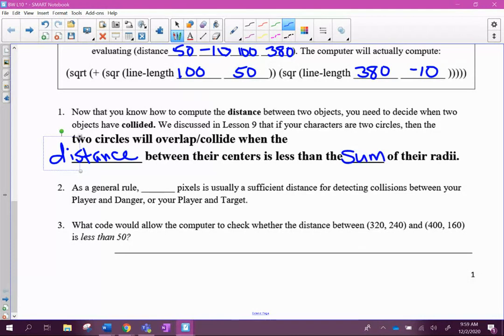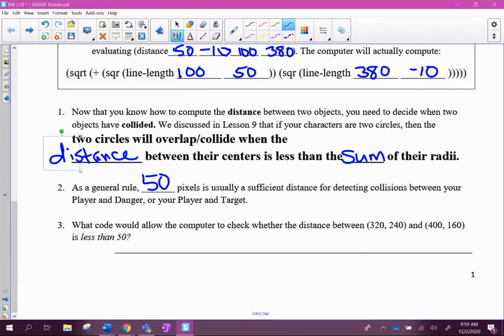So as a general rule, 50 pixels is usually a sufficient distance for detecting collisions between your player and danger or your player and target.